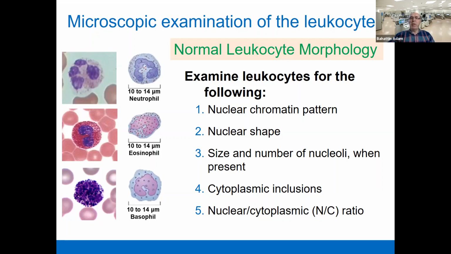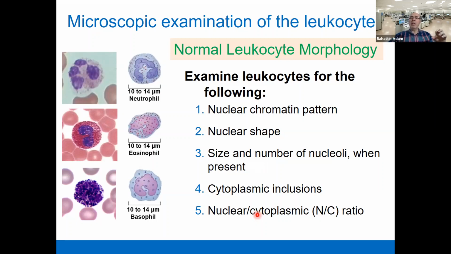We have to follow the features of the leukocytes, their morphology, such as the nuclear chromatin pattern, nuclear shape, size and number of the nucleoli when present, cytoplasmic inclusions, and nuclear cytoplasmic ratio.